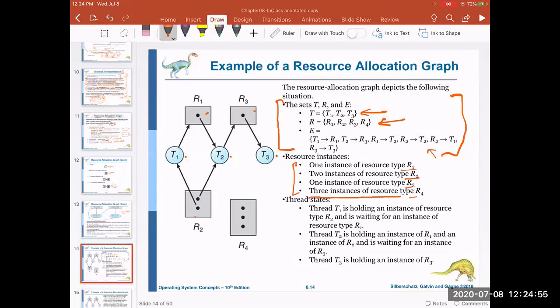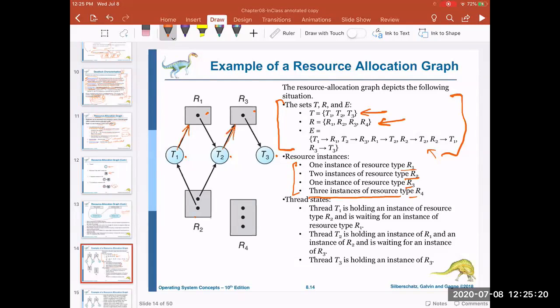Now we are going to connect the edges. T1 is requesting R1, so this particular edge. T2 is requesting R3, so this edge.